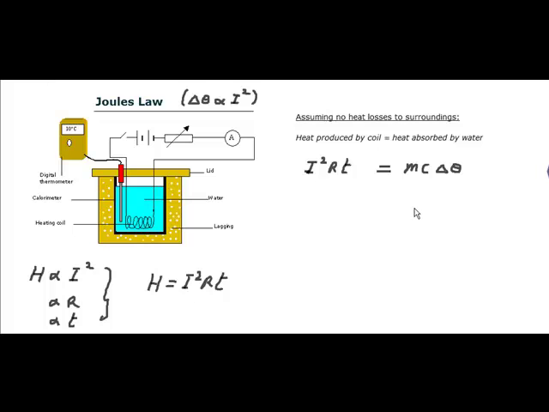And now we can rearrange this formula, because it turns out when we're doing the Joule's law experiment, all of these quantities here are actually constant, R, T, M and C.